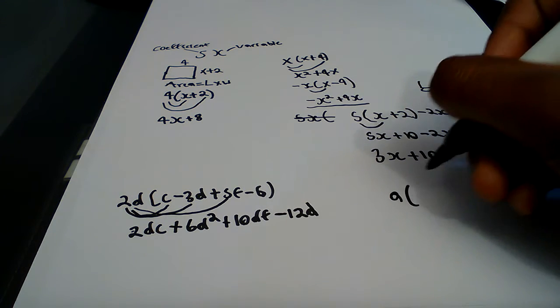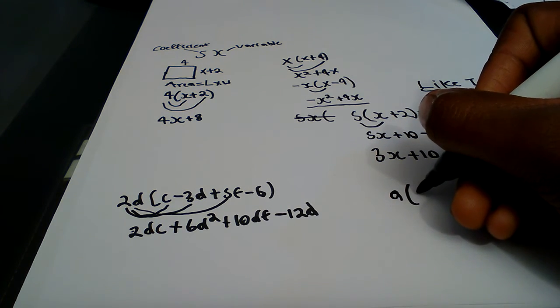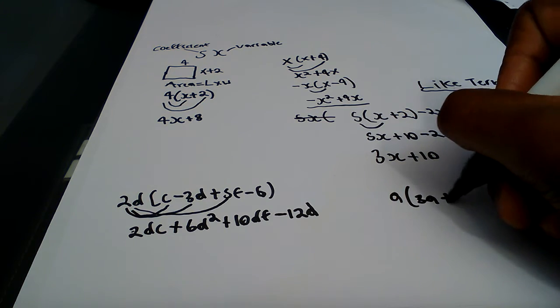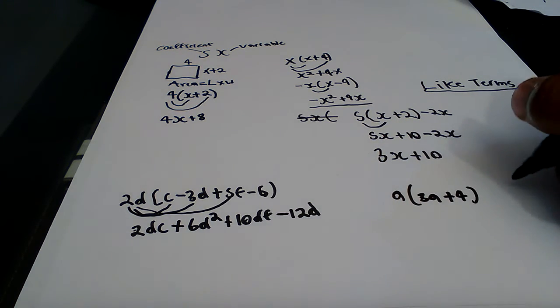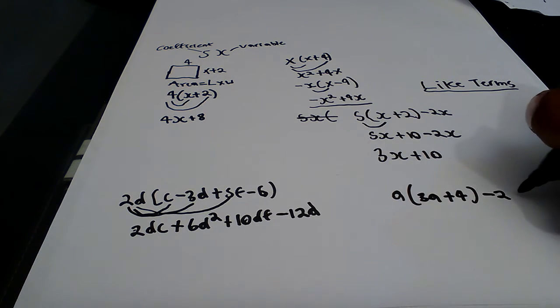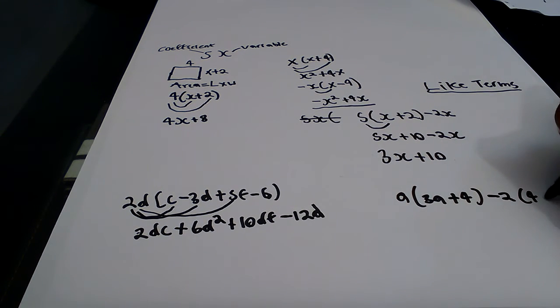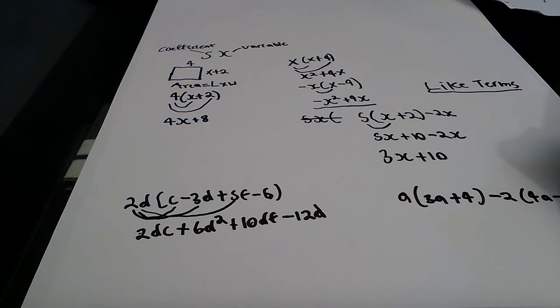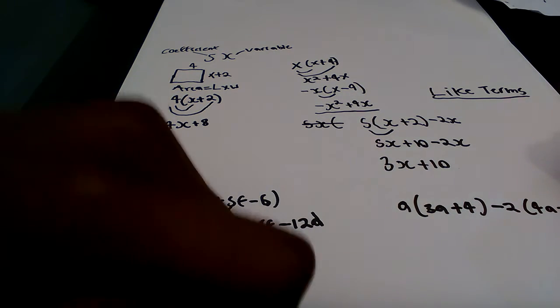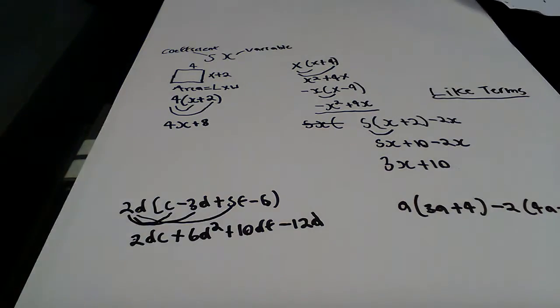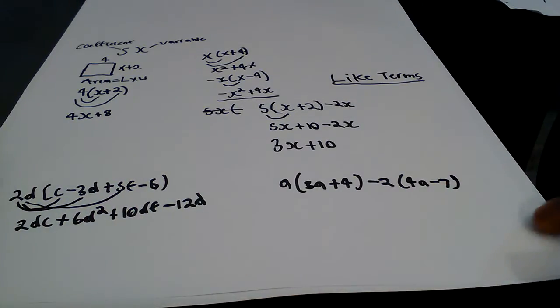Okay. Bracket 3a plus 4. Okay. Bracket this time minus 2, 4a minus 7, bracket. Okay, there we go. Let's see it now.